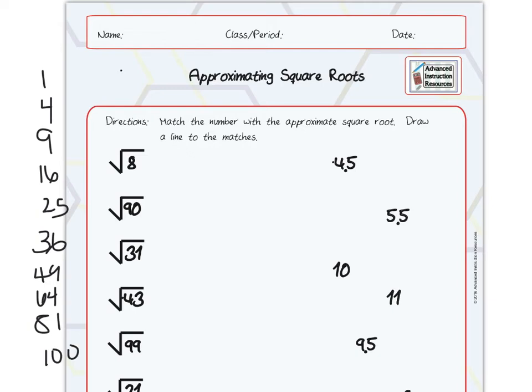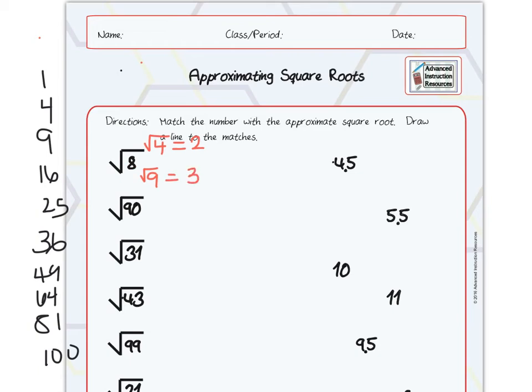So if we're looking at the square root of 8, we know the square root of 8 comes somewhere between the square root of 4, or 8 comes between 4 and 9. So the square root of 8, and yes, you need to do your questions like this, comes between the square root of 4 and the square root of 9. The square root of 4 is 2, and the square root of 9 is 3.